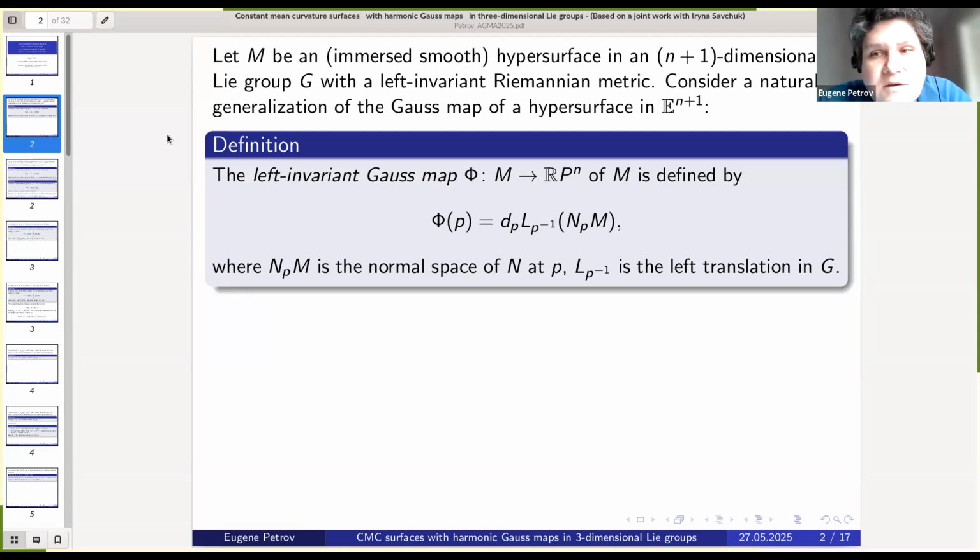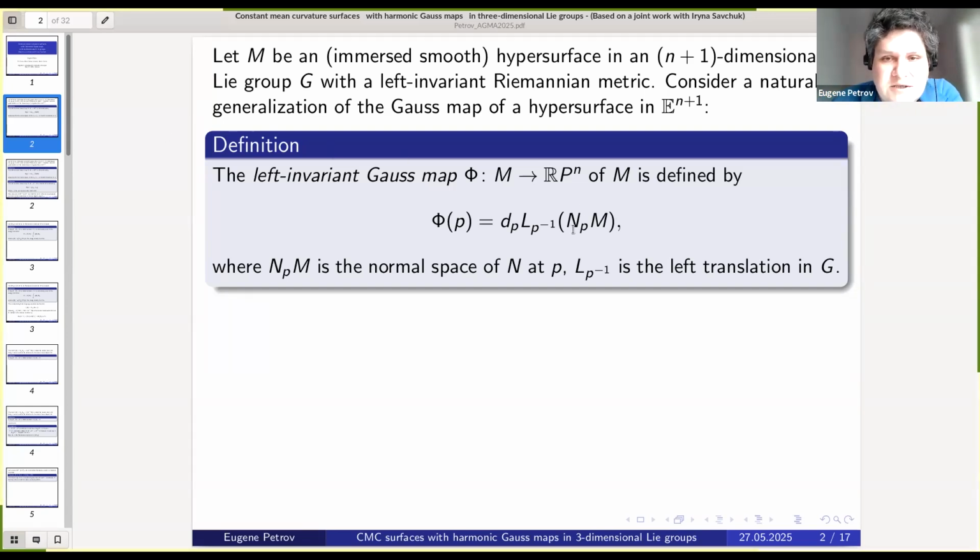If this hypersurface is immersed, we will talk about immersed smooth hypersurfaces. If it's immersed in a Lie group, then we have a natural notion of left translation. So we can use this left translation to define the Gauss map. If we have this hypersurface M, we can define the Gauss map phi from M to the projective space RP^n by this formula.